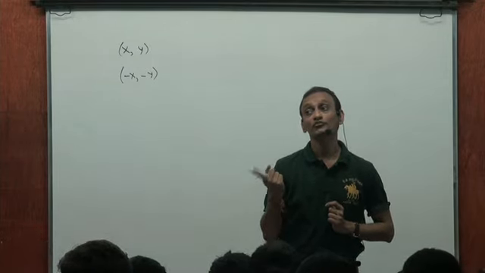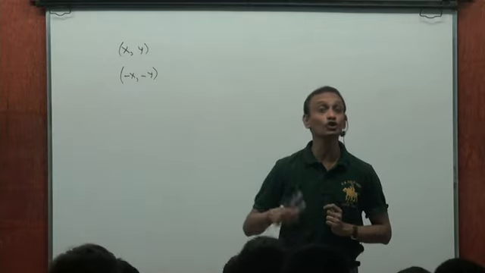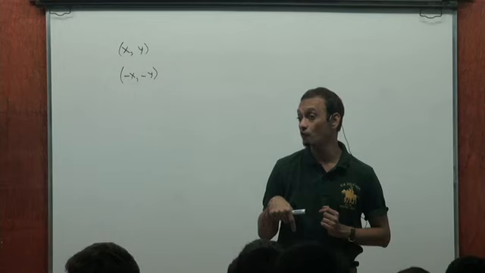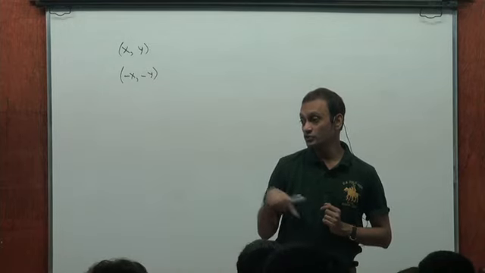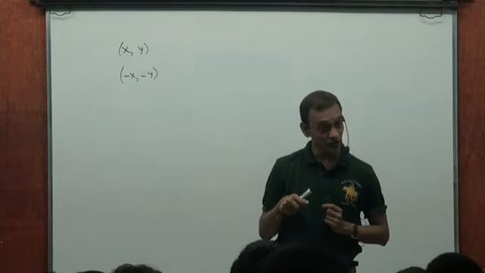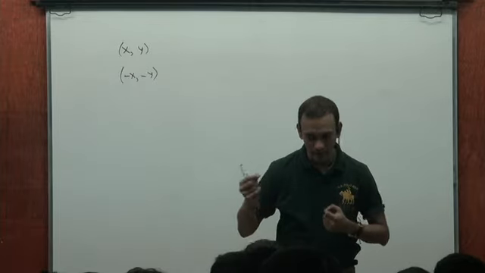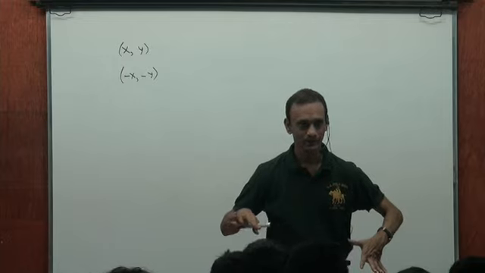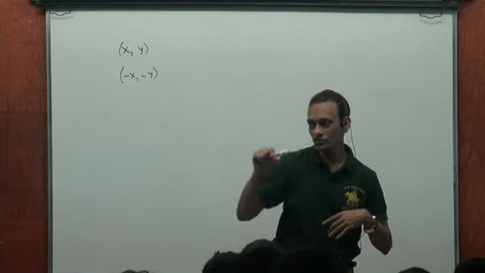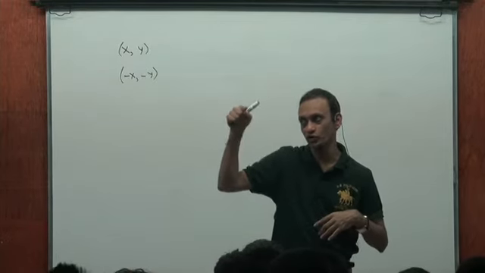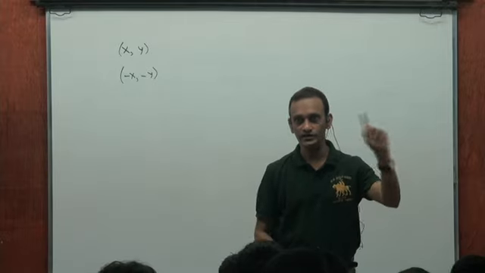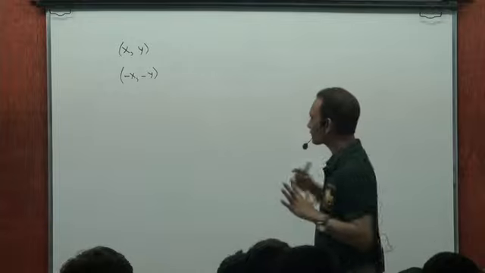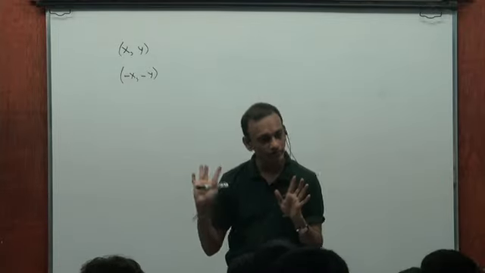See, (x, y) and (-x, -y) are symmetric points with respect to the origin, and they lie in opposite quadrants. Why? Because the midpoint of (x, y) and (-x, -y) is the origin, right? So it must be symmetric about the origin in opposite quadrants, first and the third, second and the fourth, right? Have you all understood this so far?